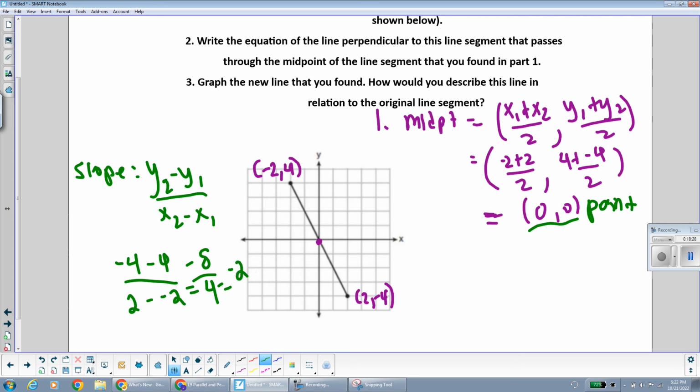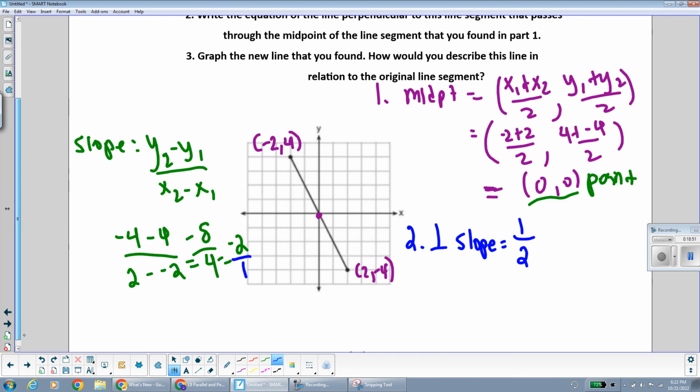So if the slope of the original line segment is -2, we need our perpendicular slope, which would be the opposite reciprocal slope of -2. If I flip -2 and I change the sign from negative to positive, I get 1/2.